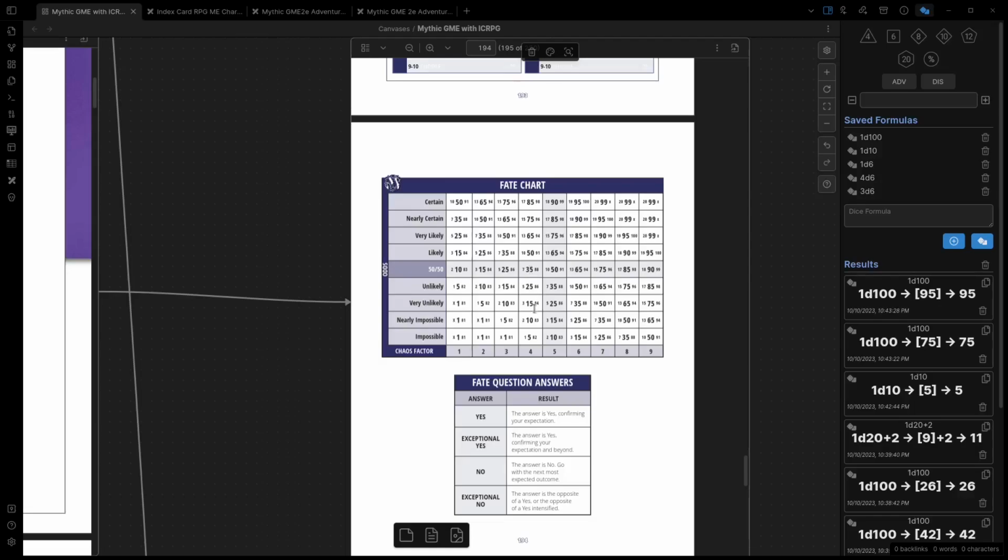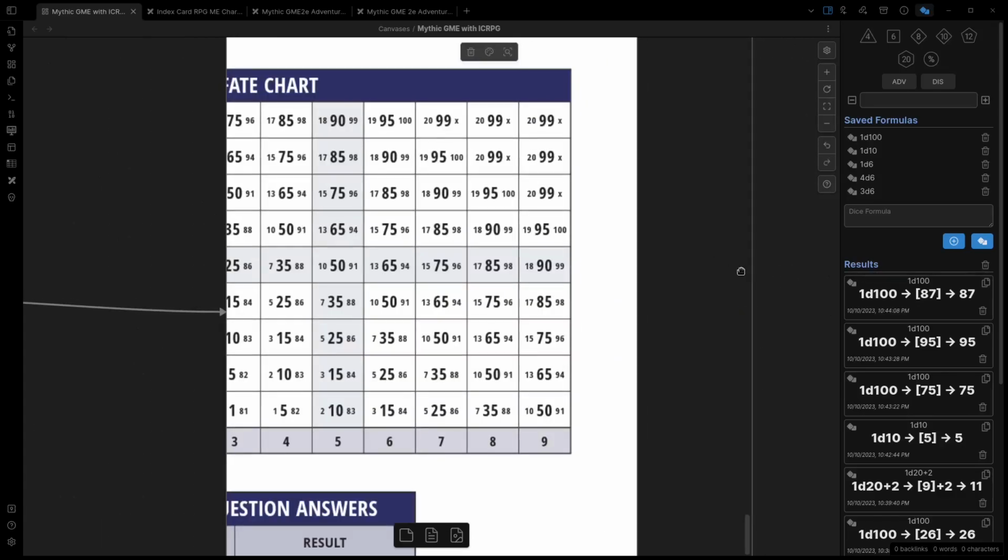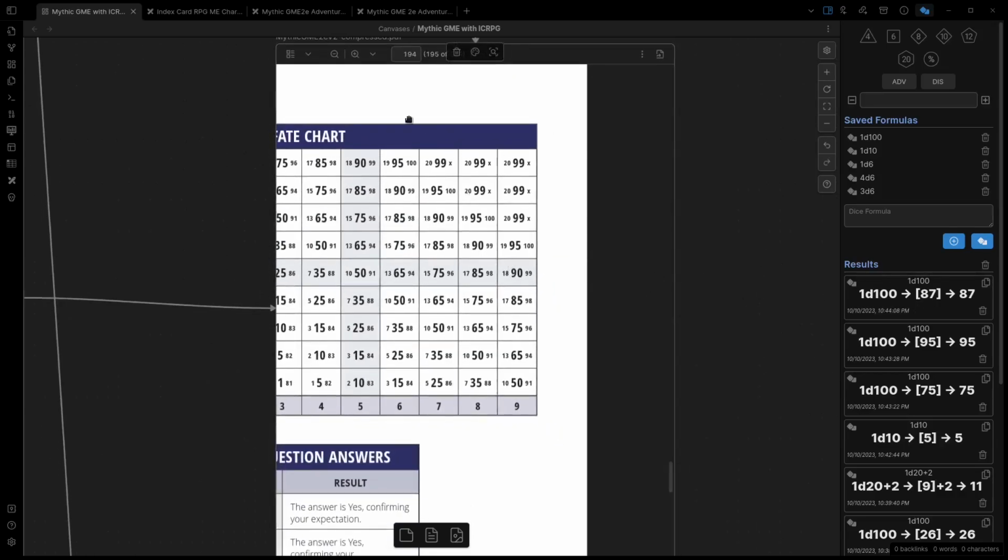If yes, it was sabotaged. If no, it was blown up by one of the bombers. So we roll a D100. 81, no. Okay, so it was blown up by bombers. It was almost an extreme no. 88, I rolled an 87. Woof.